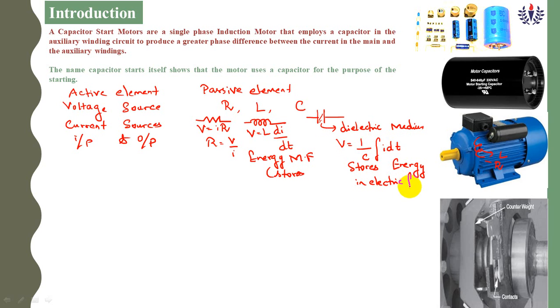So you see the formula V equal to 1 by C integral of I dt. The lower limit and upper limit will be there in integration: lower limit for discharging, upper limit for charging.